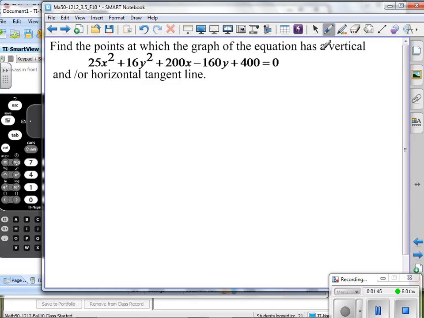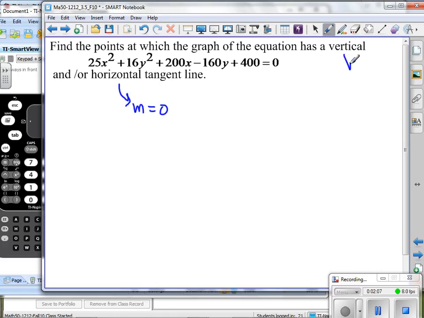If we're looking for vertical and horizontal tangent lines, let's just talk about this one. If I have a horizontal tangent line, it means the slope is what? So if I want to find the points at which the graph of the equation has a horizontal tangent line, I'm going to do what with the derivative? Set it equal to 0. Okay?